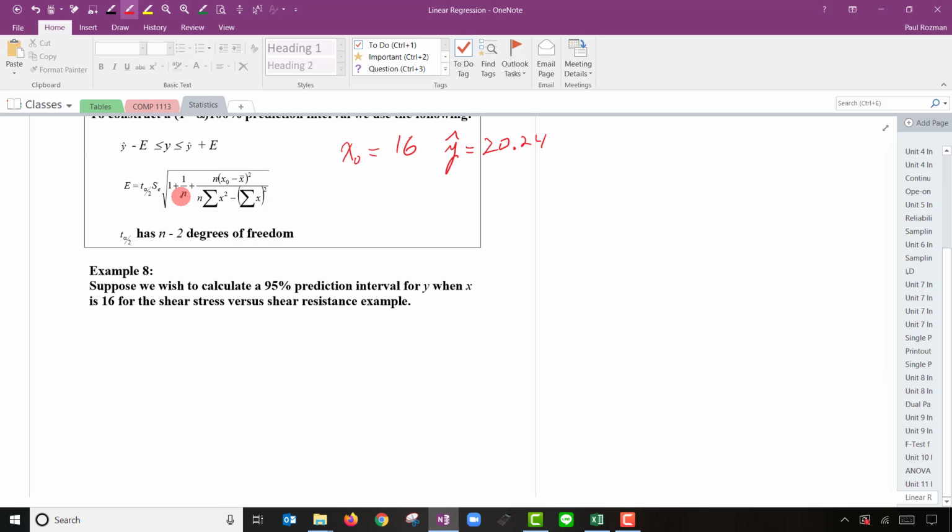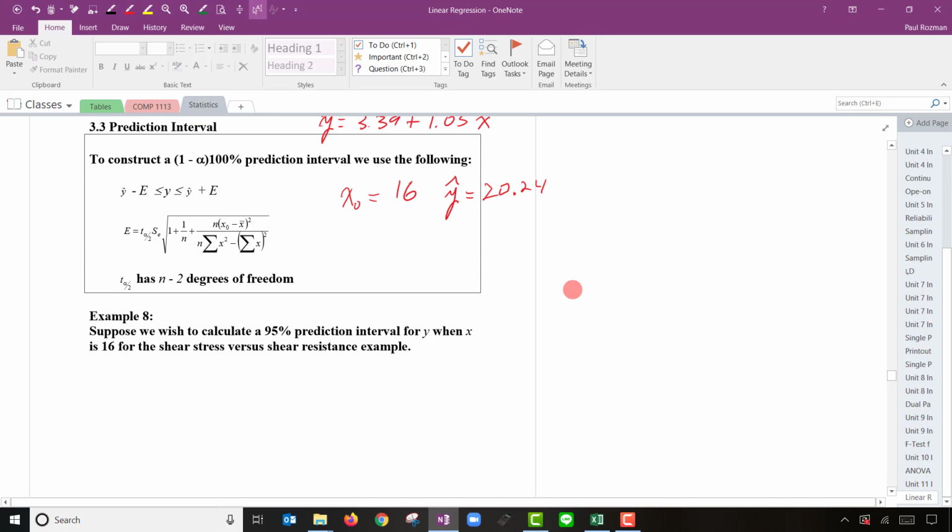Other statistical software obviously does this; it would be built in. I'm not sure why it's not in Excel, actually. We call it a prediction interval, but it's just a special confidence interval.